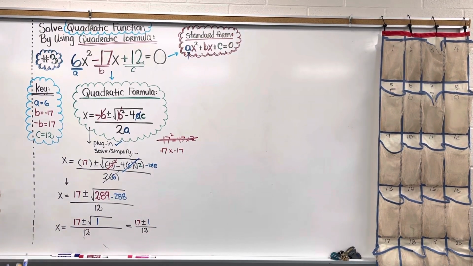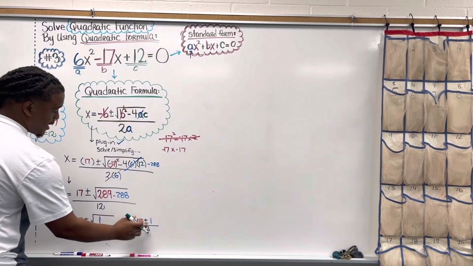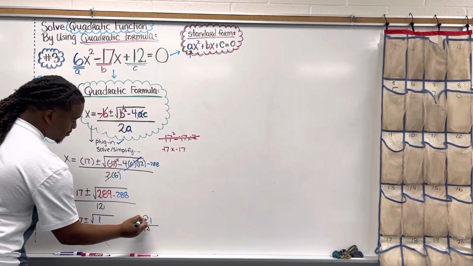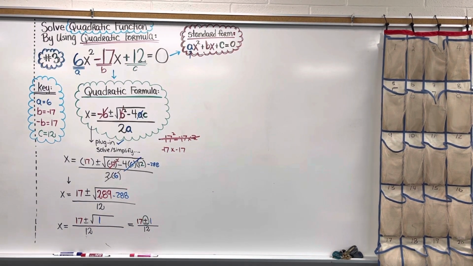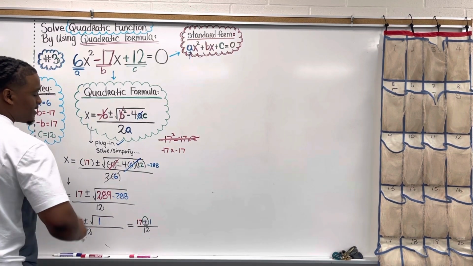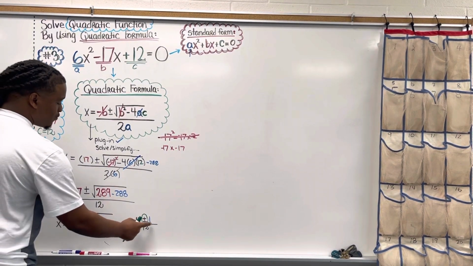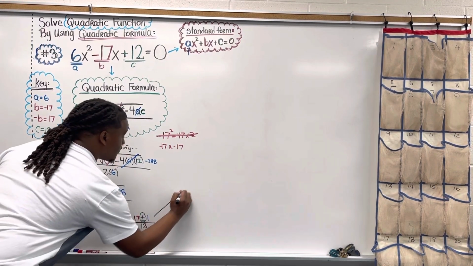Okay? So now we're down to the final step. If you notice, we have 2 operation signs. We have a plus sign and a subtraction sign, meaning that we're going to first do 17 plus 1 divided by 12, and then in the second operation, we're going to do 17 minus 1 divided by 12, okay? So let's do 17 plus 1.